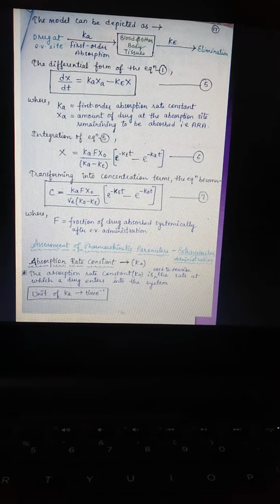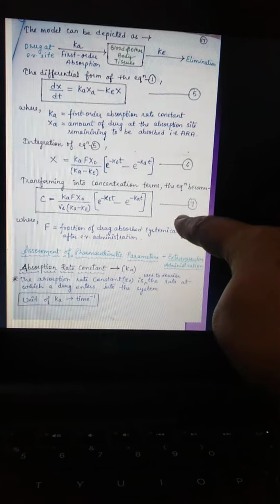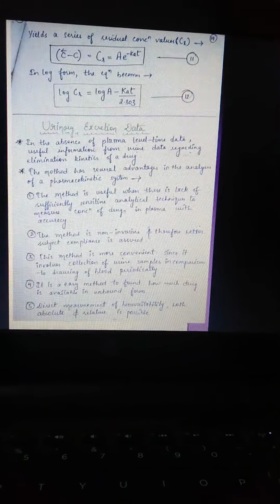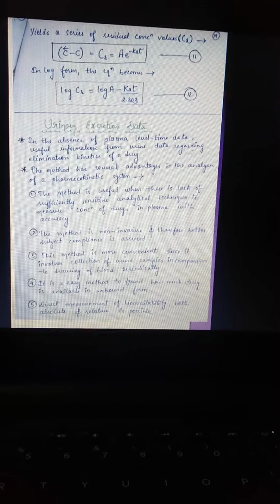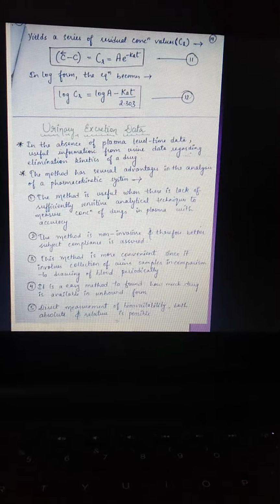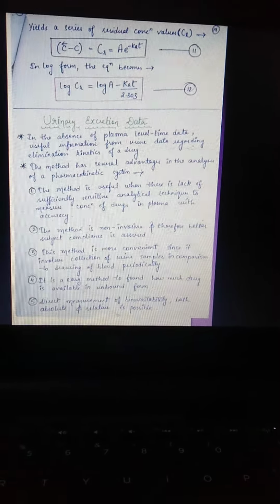At this point we differentiate equation number 7, and that differentiation yields equations number 11 and 12.